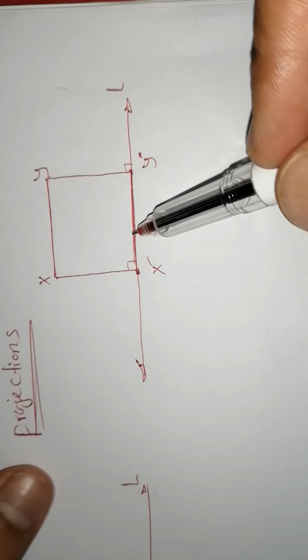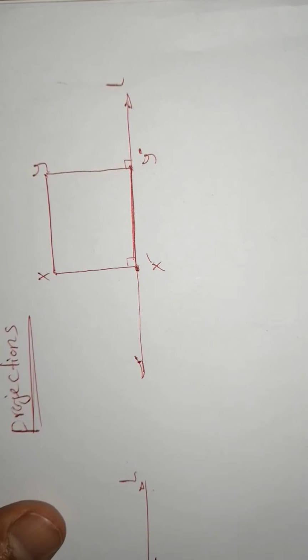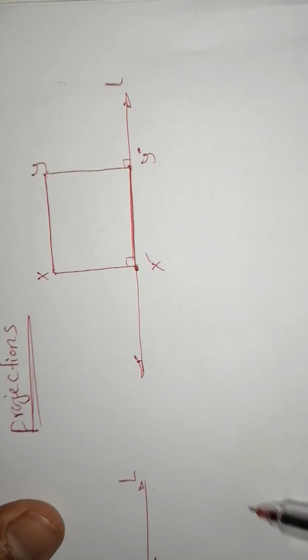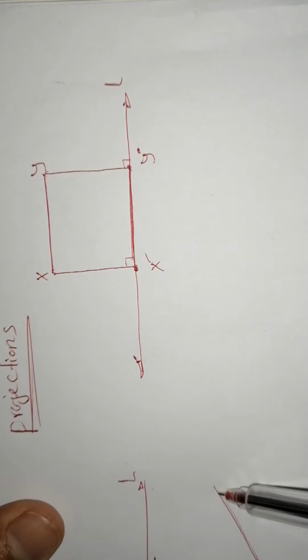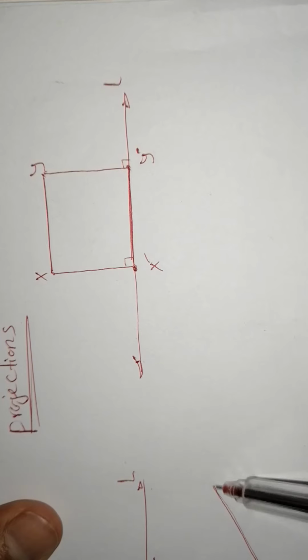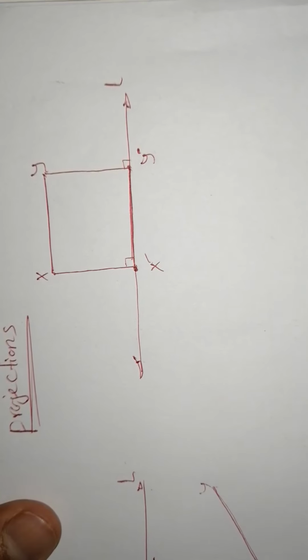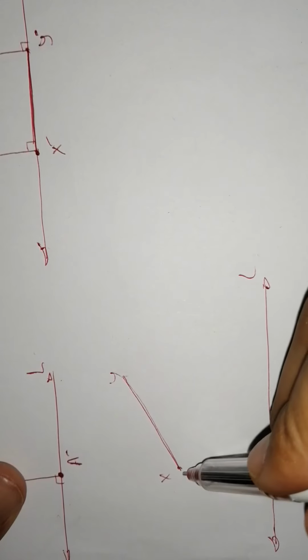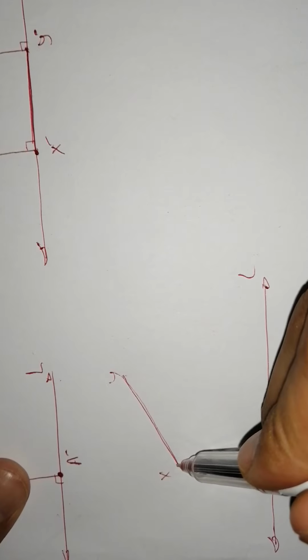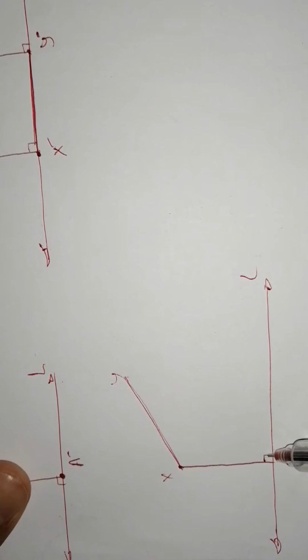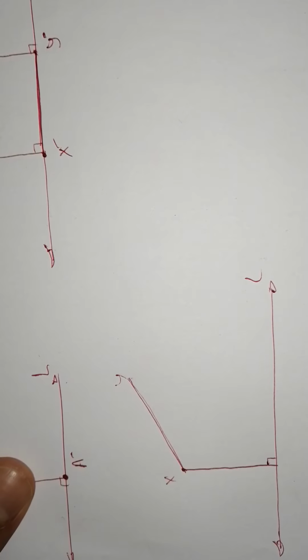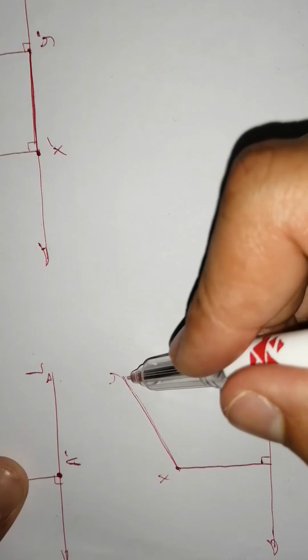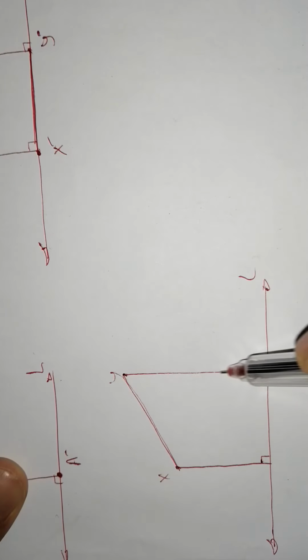So the projection of a line segment over the straight line is a line segment also. But the line segment has many cases. If the line segment has this position, its name is XY, and we want to find its projection over a horizontal straight line which is named L, you are going to find the projection of the point X over the straight line by drawing the perpendicular line from X to the straight line, and drawing the perpendicular line from Y to the straight line.